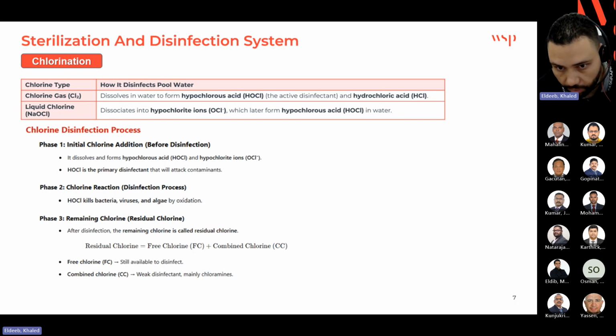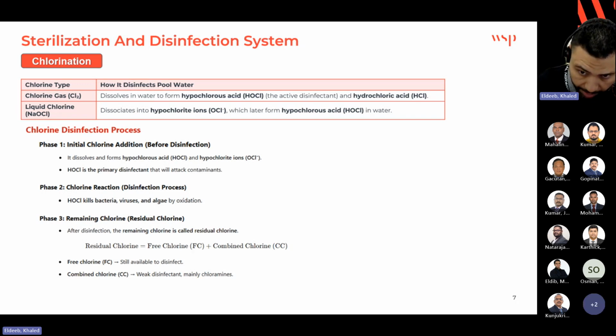Some chlorine reacts with ammonia coming from sweat or urine, as we saw in the video, to form something called combined chlorine. So we have a second term now, free chlorine and combined chlorine, and it causes that strong chlorine odor in the pool, as we saw in the video.